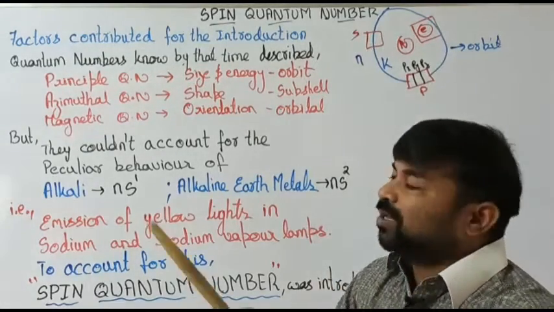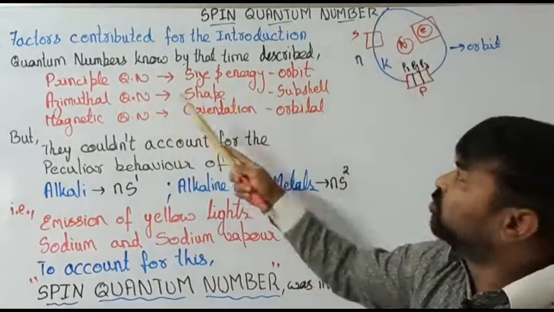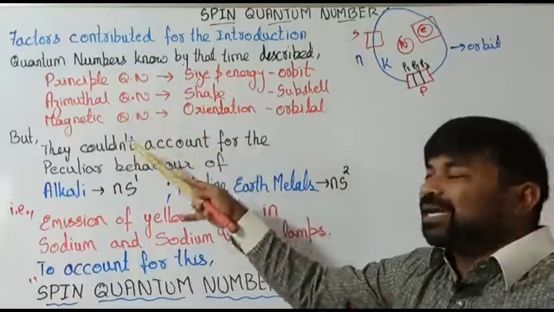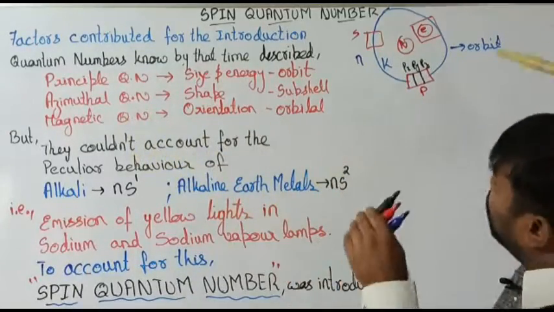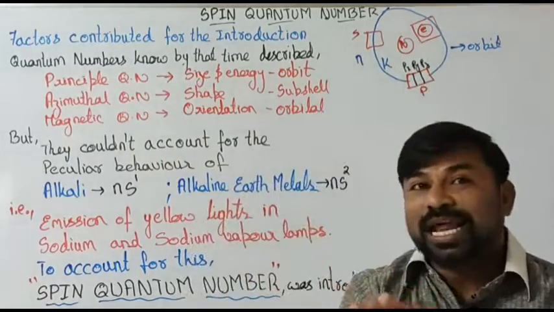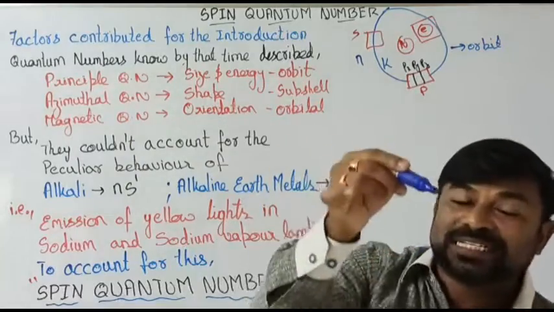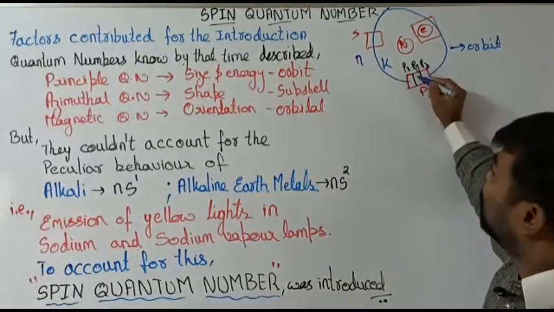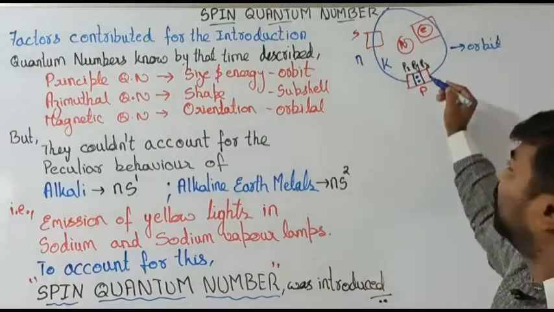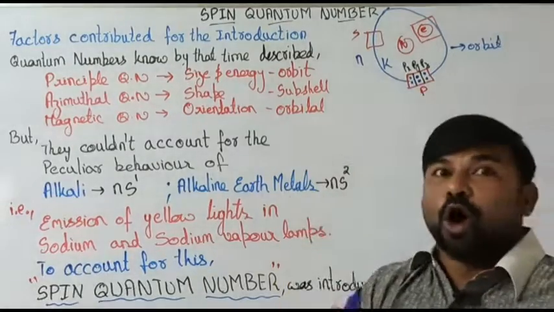So what I mean to say is that the principal quantum number spoke about the orbit, the azimuthal quantum number spoke about the entire subshell, and the magnetic quantum number spoke about the orbitals present inside. Till now, no one discussed the electrons present inside. We know the electrons are present inside the orbital.